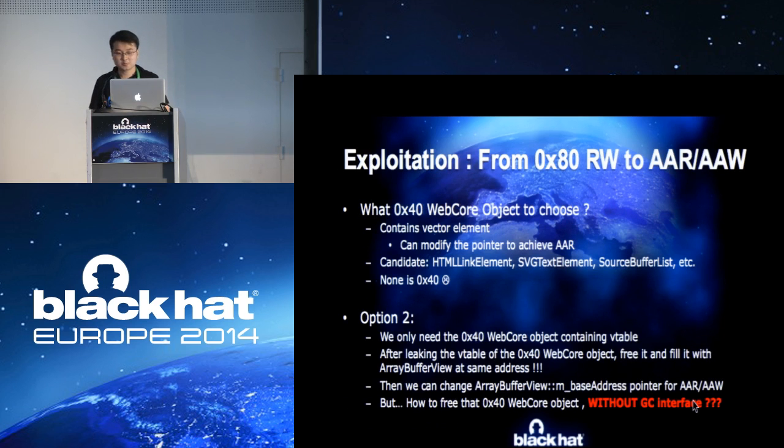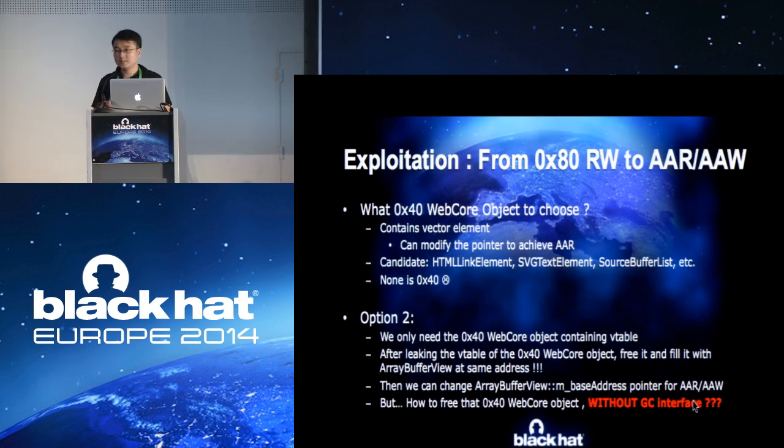So the problem here is which 0x40 WebCore object to choose, because this WebCore object will be used to leak the vtable. Of course, you also need to leak another base called the text base. So you need to have some candidate.